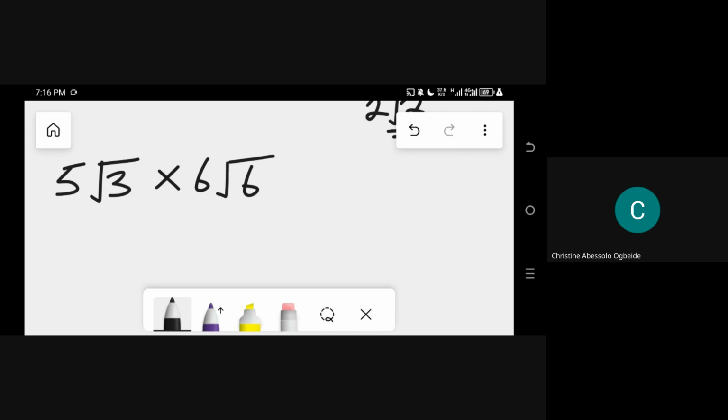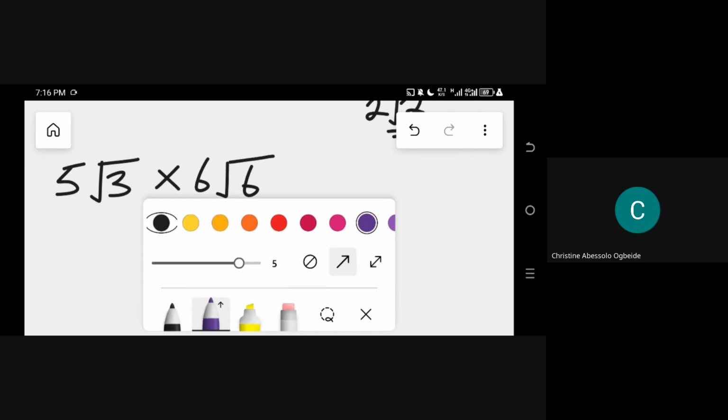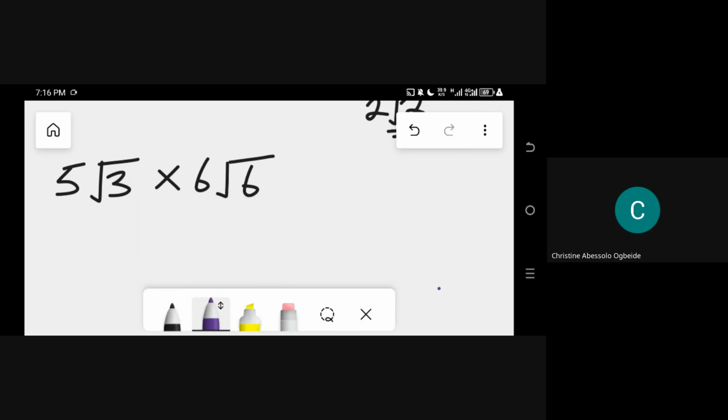We said that the ones at the back multiply themselves. This 5 and this 6, the ones outside, can multiply themselves, while for the roots, it is the ones that have roots that you can multiply as well.